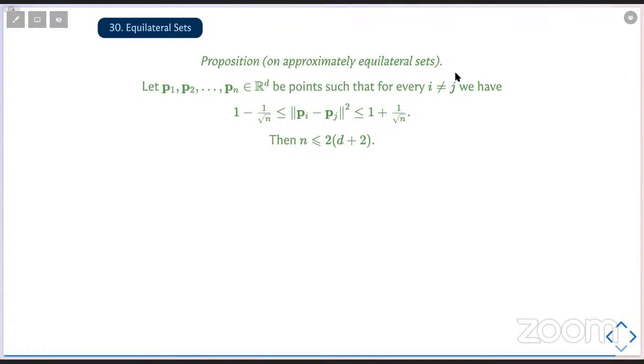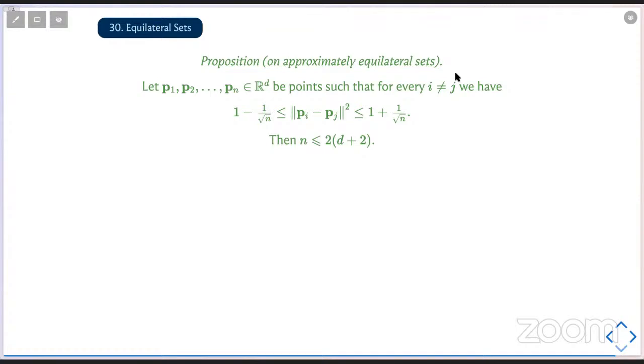There's a very tiny error that we're allowing for. So if you're looking at this point set with your naked eye, it probably feels like an equidistant point set. That's kind of the idea. Whereas with only two distances, it's visibly going to be, in many situations, not close to being equidistant.